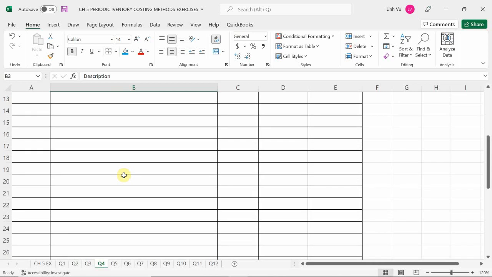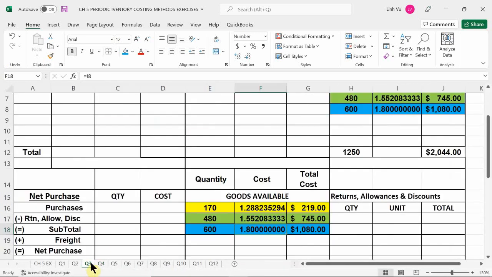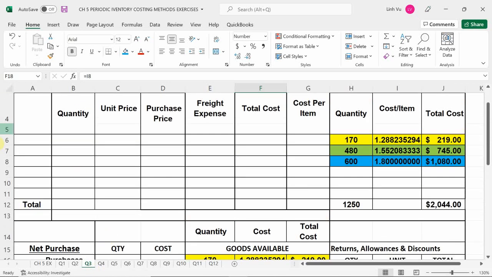You're going to be using the same exact accounts and just putting in different numbers. So I'm going to let you practice this on your own at home, okay? From here on out, just practice plugging into the inventory worksheet and so on and so forth. So it is July 5th. We purchased 500 units at $1.65 with a freight of $25.